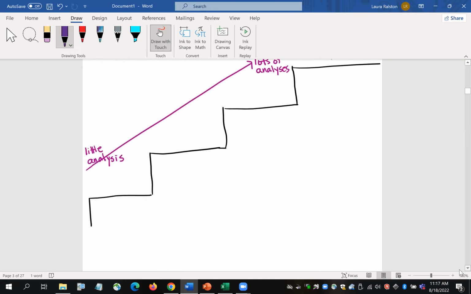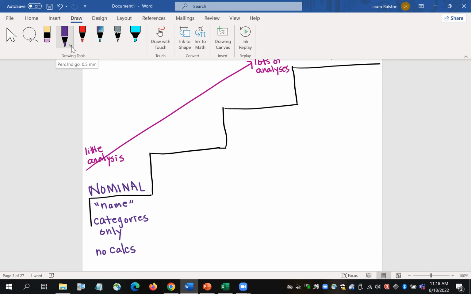The first level is called nominal. Nominal is actually the adjective form of the word name. So the nominal level is just categories. There's no sense of order to them, no sense of ranking. And because it is qualitative data, we are not able to do any kind of calculations with them.